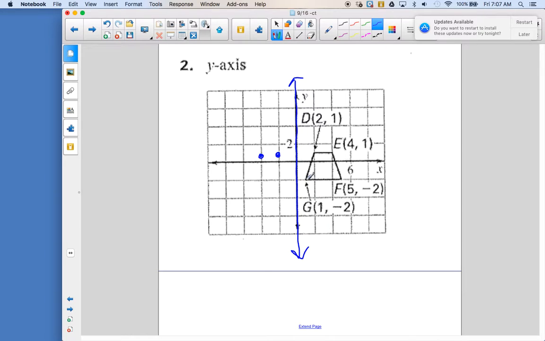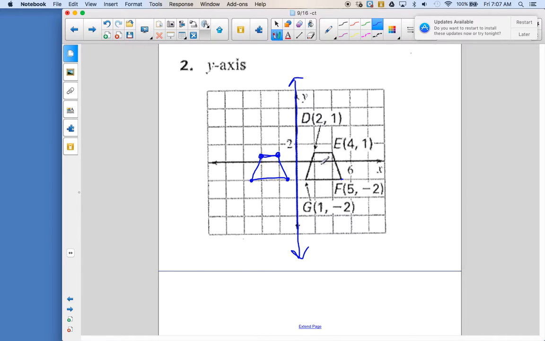And G is just a half of a line, half of a way to the line here. So I'm going to go half on the other side. And F looks like it's 2.5 to the right of the line. So I'm going to go 2.5 to the left of the line. There we go. I'm going to go ahead and connect my points and look at this trapezoidal looking figure.